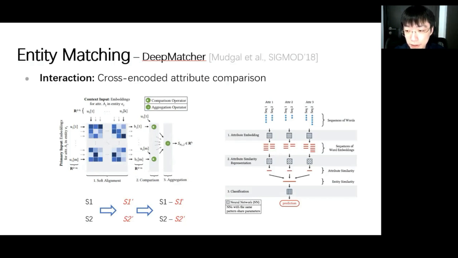For example, given a tuple pair S1 and S2, the cross-encoded representation of S1, namely S1 prime, is the attention-based sum of S2. Then the difference is S1 minus S1 prime, which can be aggregated by an RNN or LSTM and fed into a dense layer to output the final ER decision.